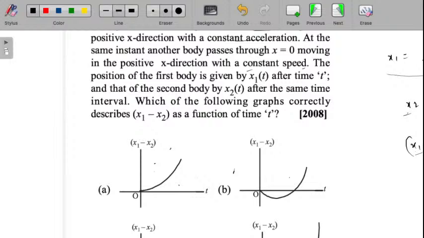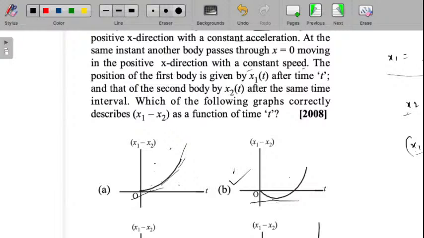So I can see at t equals a certain value v by a, the slope becomes 0. So the slope becomes 0 at least at one point. Here it doesn't become 0 because the slope is always a positive value and keeps on increasing. But you see here it became 0, right? So we can be sure that this is that graph.